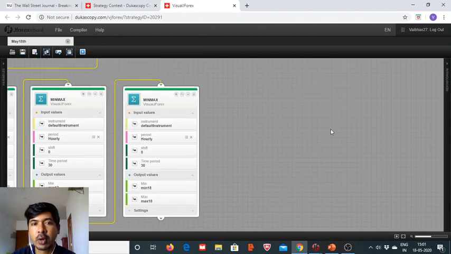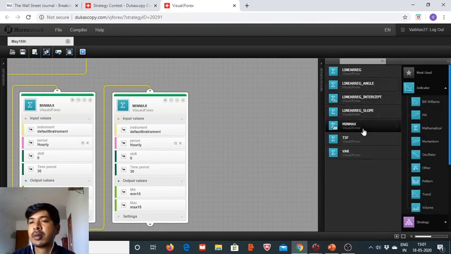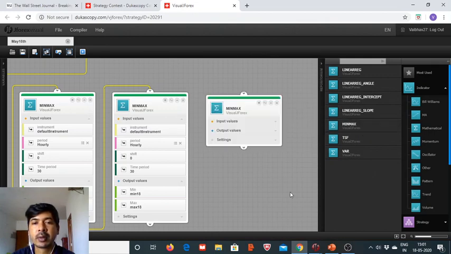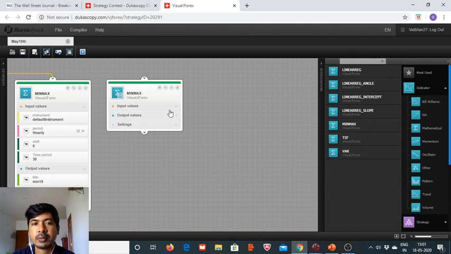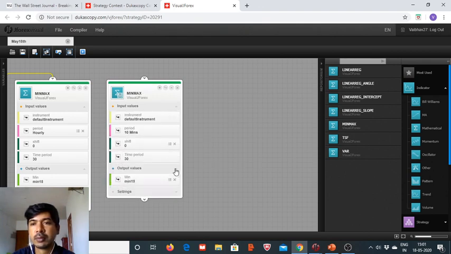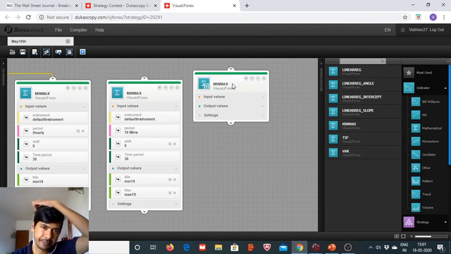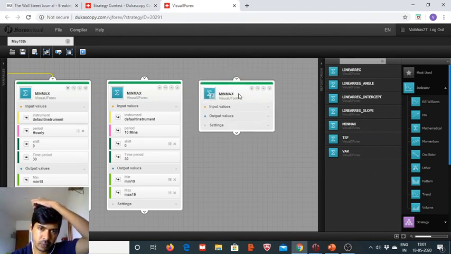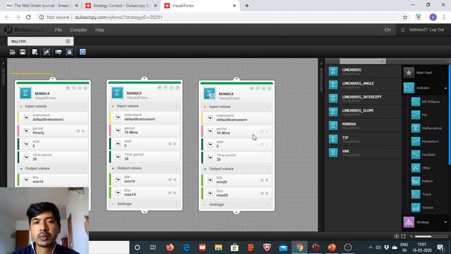We need to take 2 more min max blocks now to define the minima. We change this time period to 1 hour.